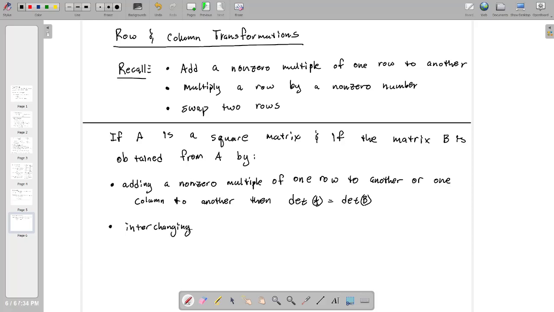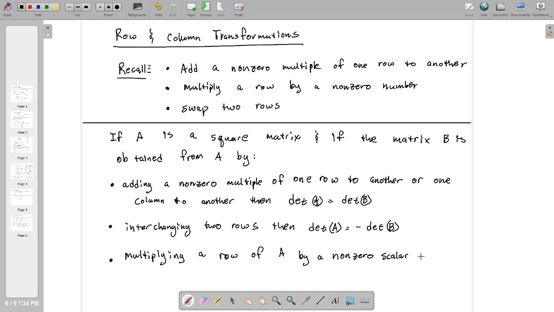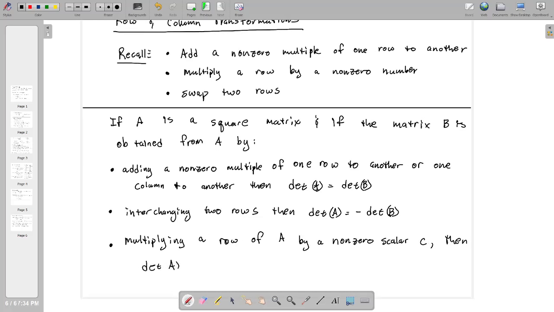Interchanging two rows, then the determinant of A is equal to the negative of the determinant of B. Multiplying a row by a non-zero scalar C, then the determinant of A is equal to 1 divided by C times the determinant of B. So, these are actually pretty interesting.